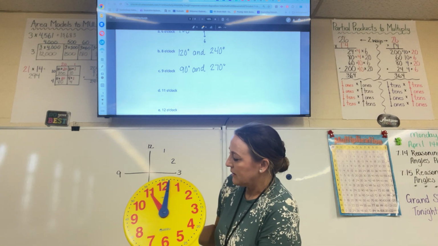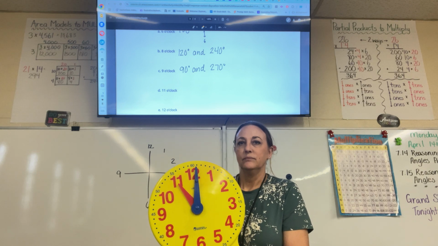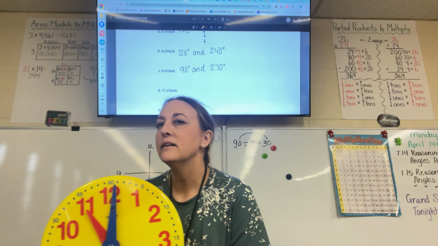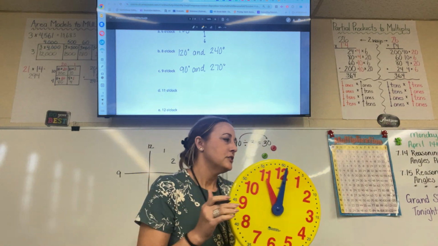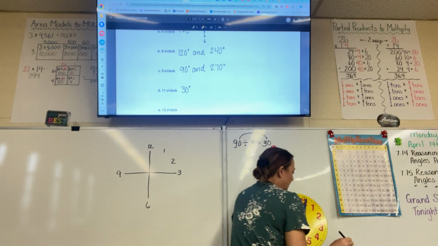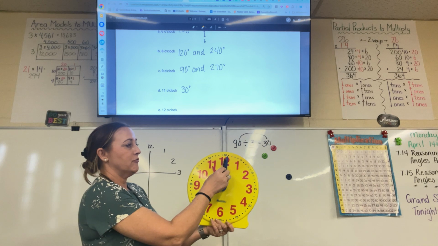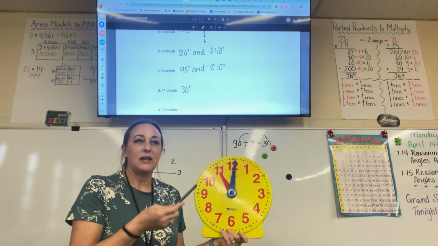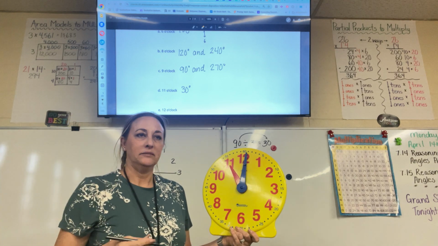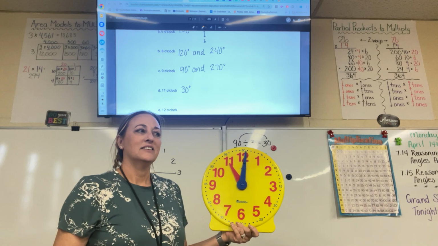So at 11 o'clock, how big is that angle, Fisher? 30 degrees. Okay. So it is 30. And then if we look at how far the hour has traveled from the 12, it's traveled how far, Autry? 330.